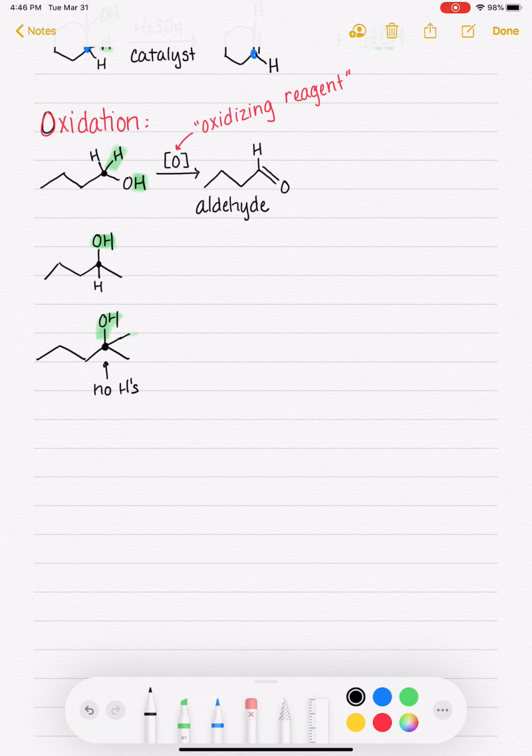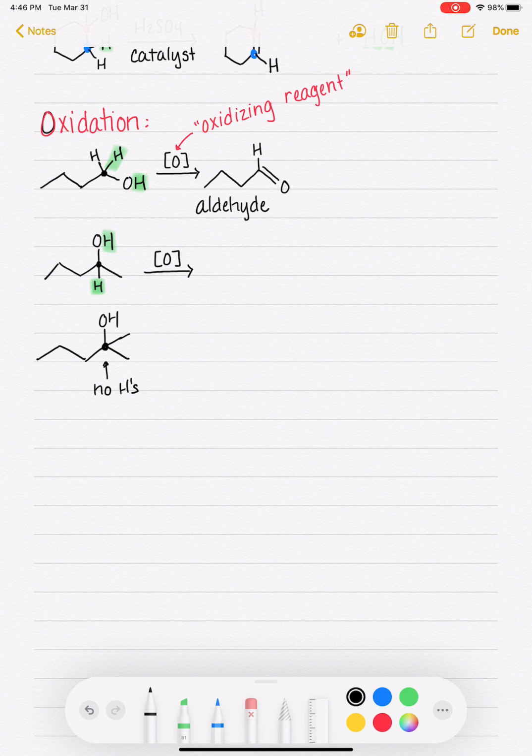Before that, we're going to move on to the next one. Let's practice that again when we're oxidizing this alcohol. Remember, when we're oxidizing an alcohol, we remove the hydrogen from the OH, and we remove the hydrogen from the carbon that's attached.